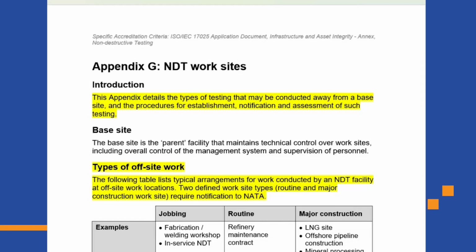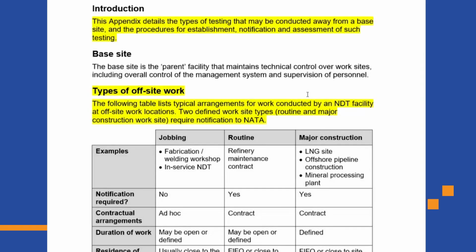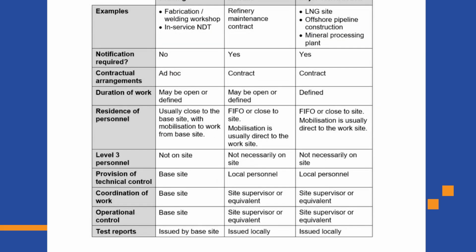So the revised annex basically defines 3 types of offsite work and now includes a table to hopefully better distinguish between what we would call jobbing work, which does not need specific notification to NATA, and routine and major construction sites, which are quite different, and NATA needs to be notified of these so we can properly assess them and they can be recognized under the NATA accreditation.